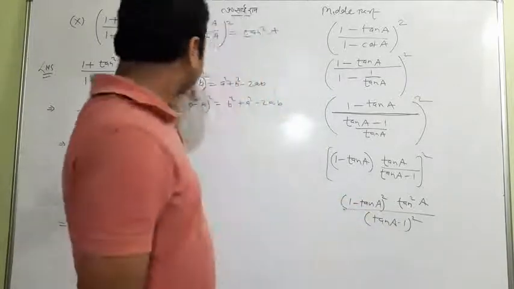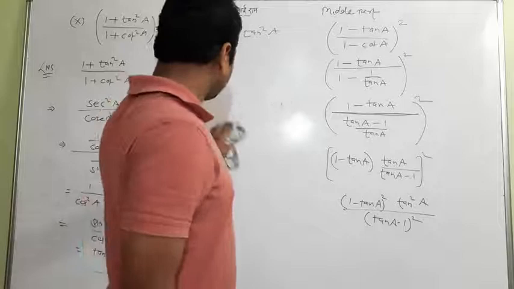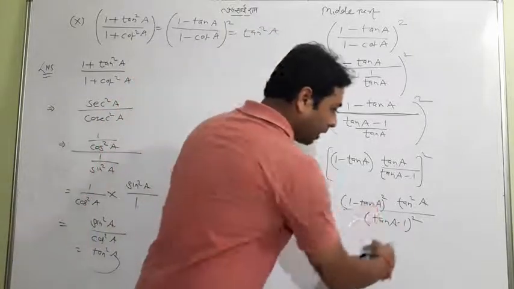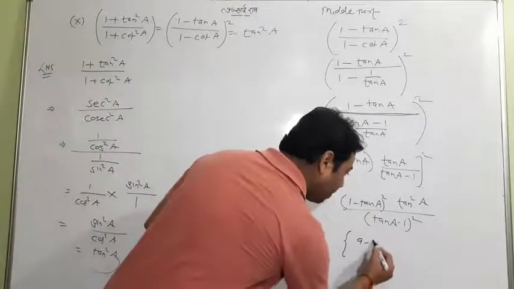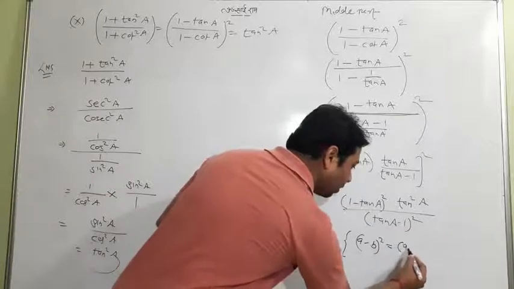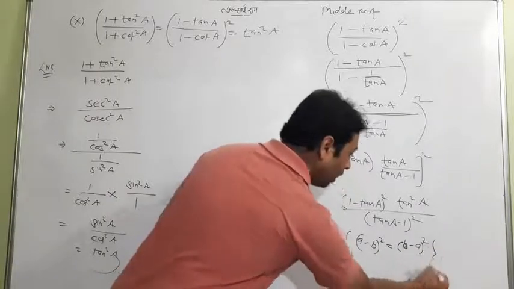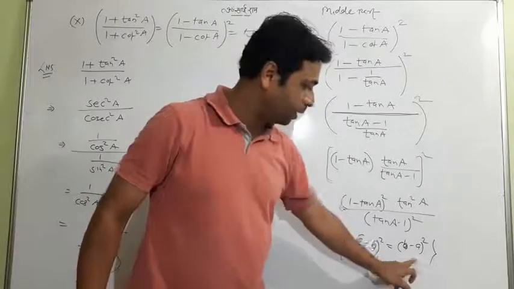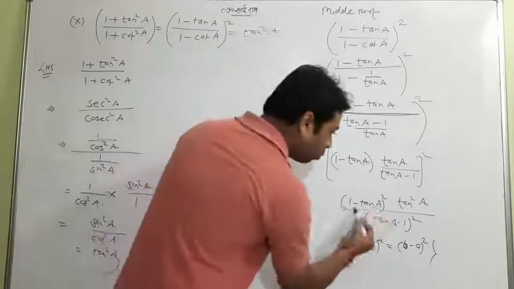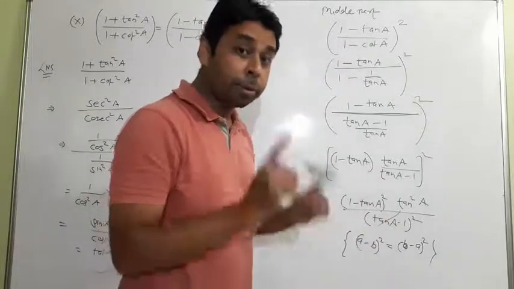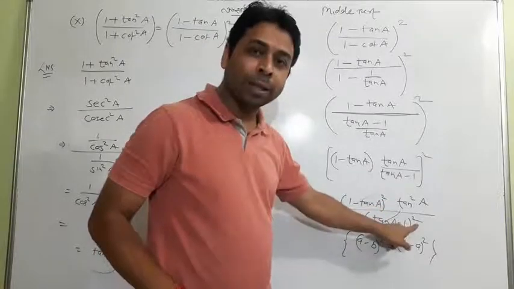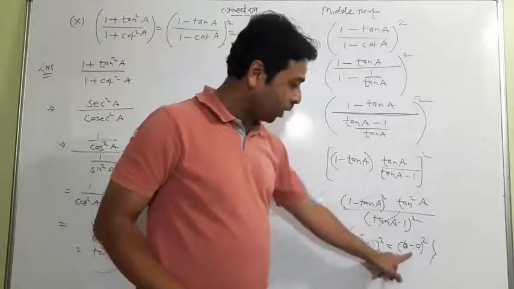You can think that these two are the same, so one can directly cancel them. We can give the evidence here that a minus b whole square and b minus a whole square are the same. So these two portions will be cancelled. Keep in mind, it's a whole square. That's why this portion and this portion are always the same.